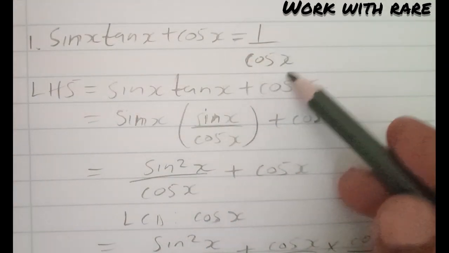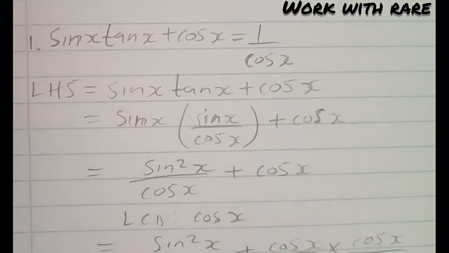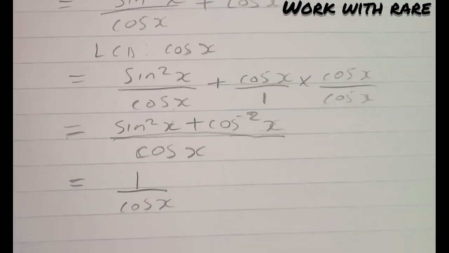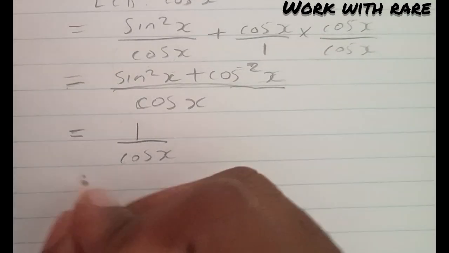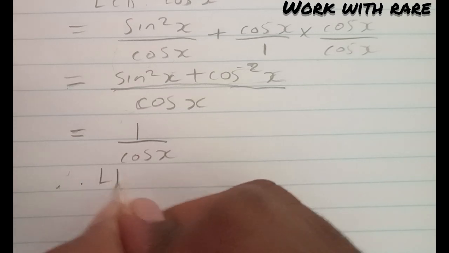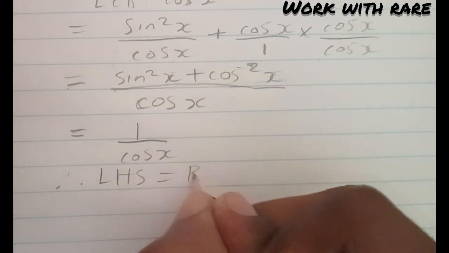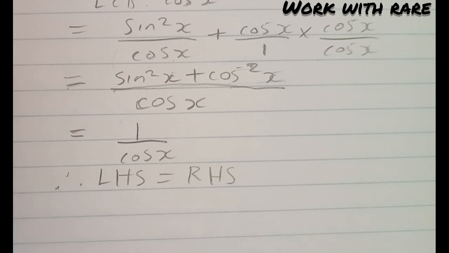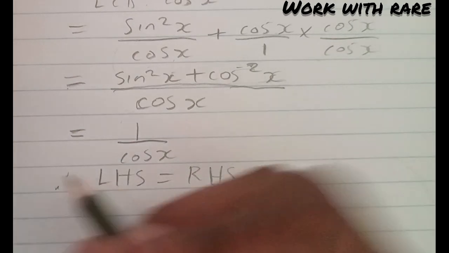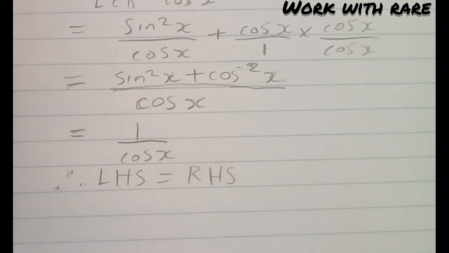You see, it's 1 over cos x. So now it is proven that left hand side is equal to right hand side. But remember, this dot means therefore. So that's number one. That's how you should do it.